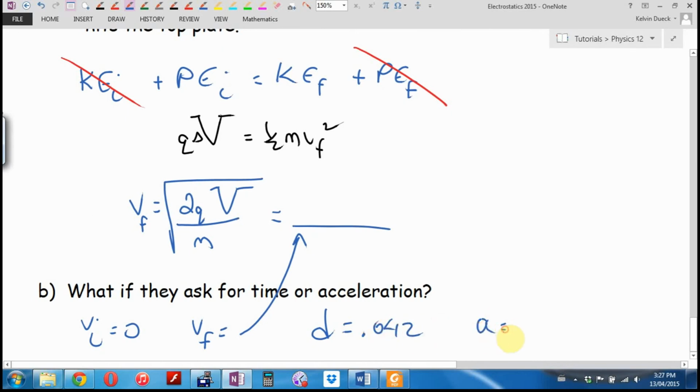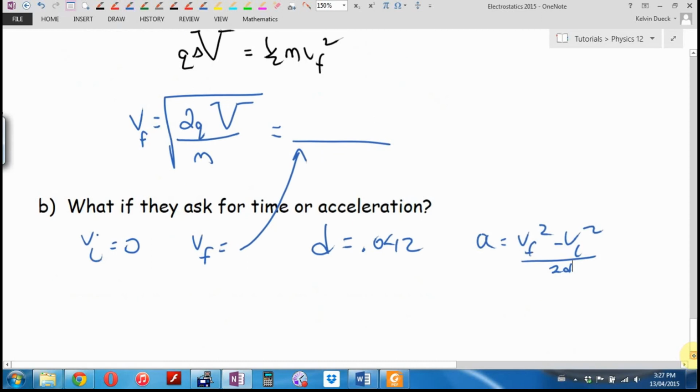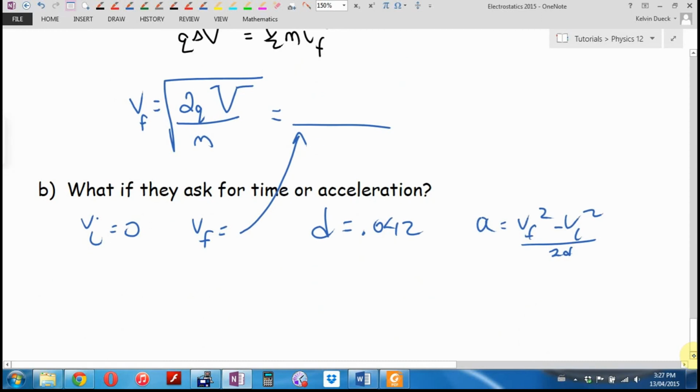Could you find a? vf squared minus vi squared all over 2d equals a. Could you find time? Yeah. I would probably find a first, and then you can use t equals vf minus vi all over a.